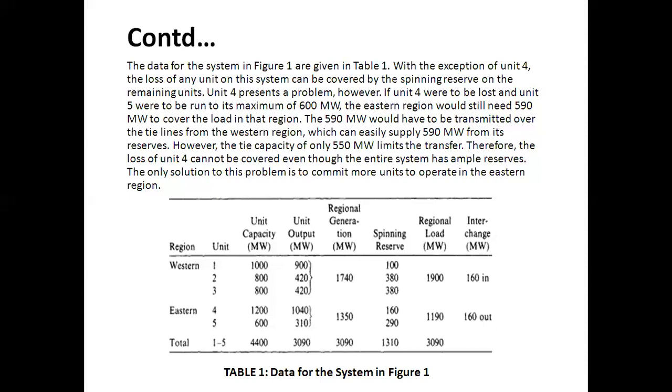That is the total spinning reserve of the western region, which is sufficient enough to meet the 590 megawatt load demand required in the eastern region.